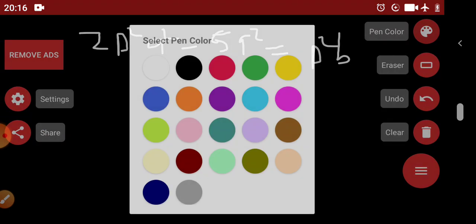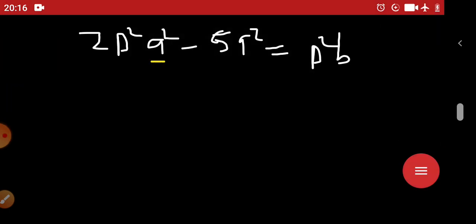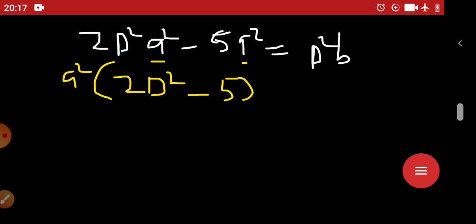So here remember that we need to factor out a squared. So what will be left inside is 2d squared minus 5, and this is equal to d squared times b.